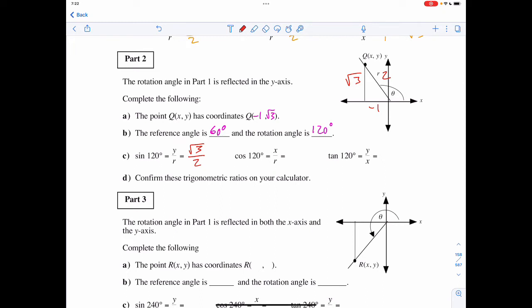My x value in this quadrant is negative, and my r value is still just 2. And my y value, root 3, divided by my x value of negative 1, is just the same as negative square root of 3.